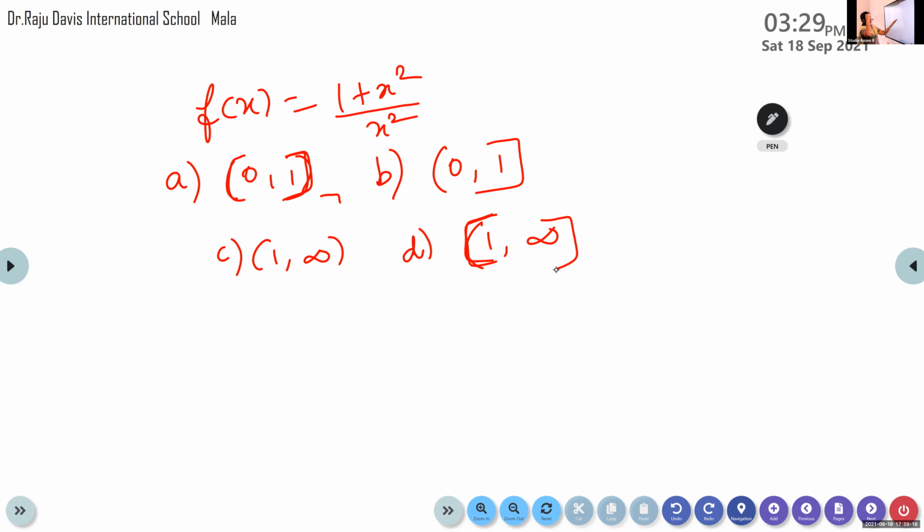Surely we can't write infinity closed because we don't know the value. When we write infinity, it will always be open.